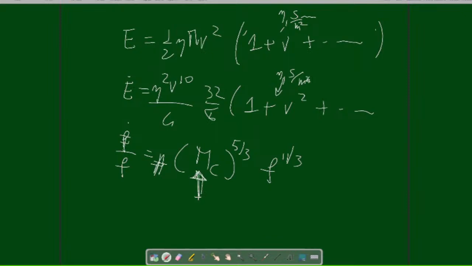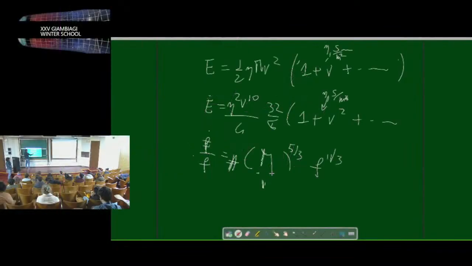because m chirp sets the scale of, sorry, I didn't define m chirp. This was m to the 5/3, which is there just for dimensional reasons, because the power here is 11/3, f dot over f, here the power is 8/3, just because I put an f here.